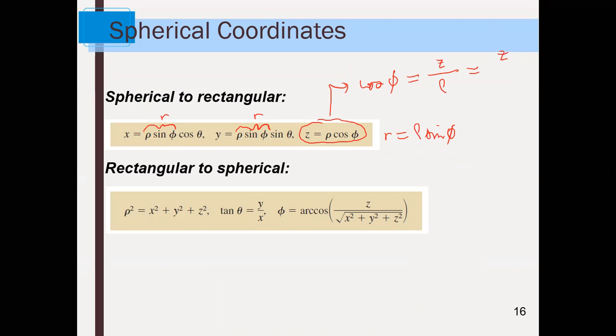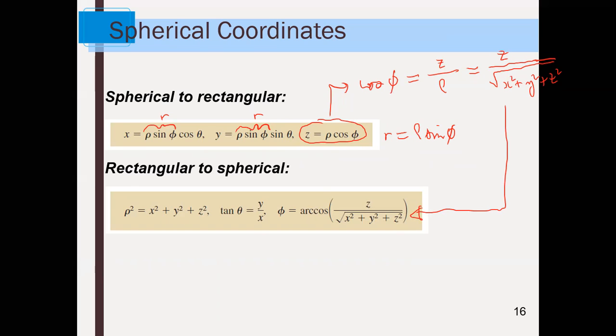If I think of rho as being positive, then I can literally take the square root of x squared plus y squared plus z squared. And then, of course, from that equation, I can just get phi from the arc cosine function.